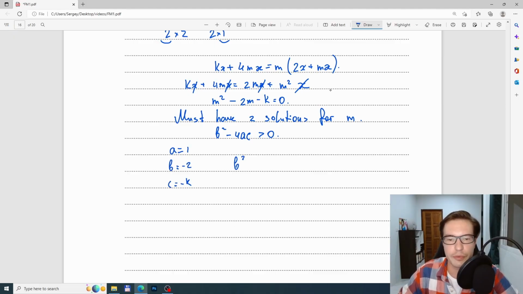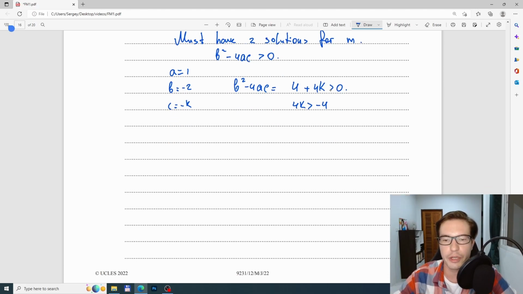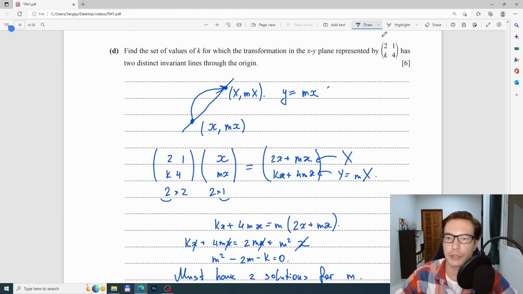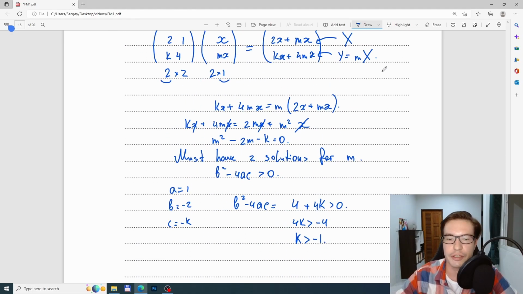So b squared minus 4ac should be equal to 4 plus 4k, and that should be bigger than 0. So 4k is bigger than minus 4, and then we divide both sides by 4, and we get k is bigger than minus 1.